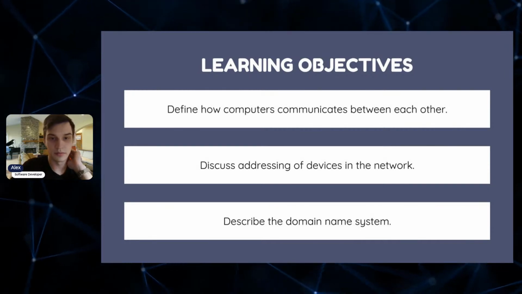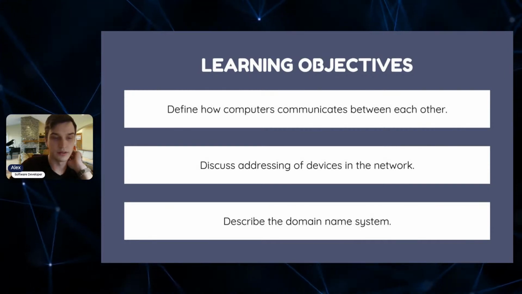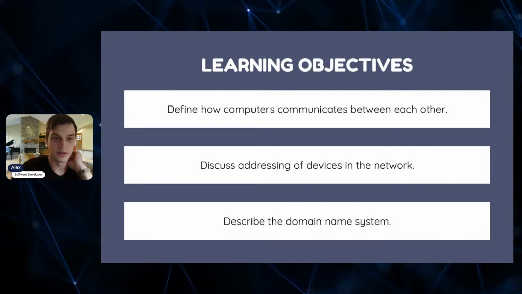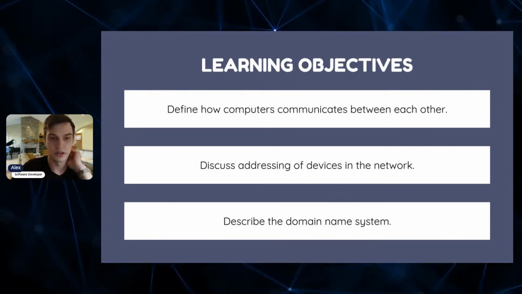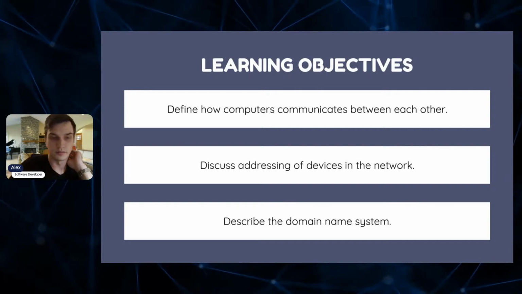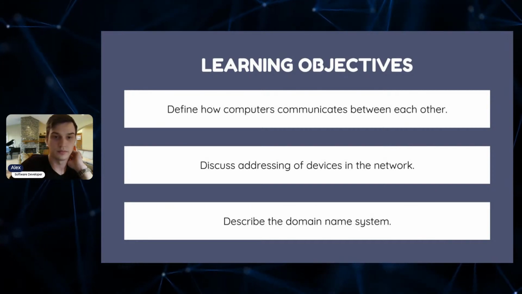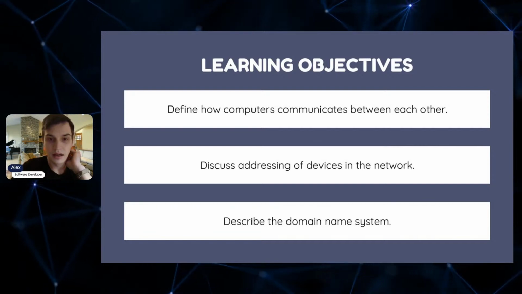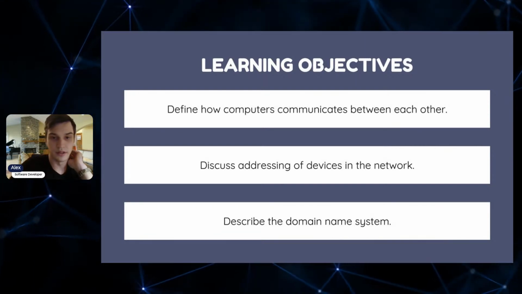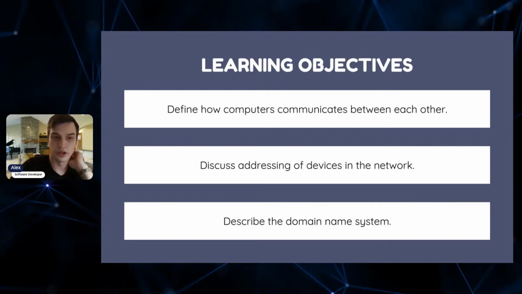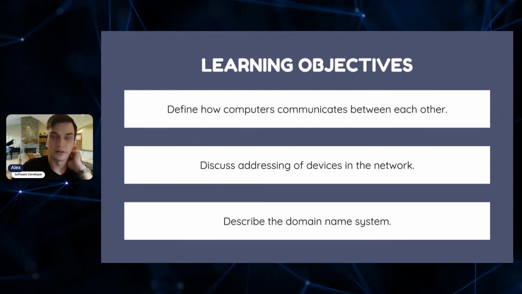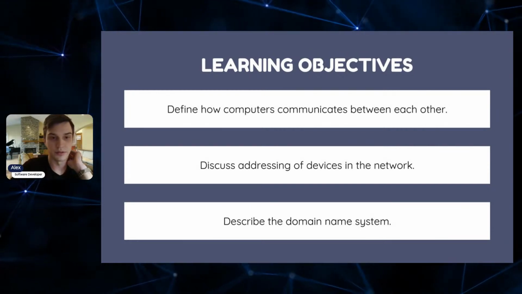In the next part, we will discuss addressing of devices in a network, so how devices understand who is the source and who is the destination of the messages in a network. And in the end, I will describe the domain name system, the thing which helps us to connect every day to our favorite internet resources.